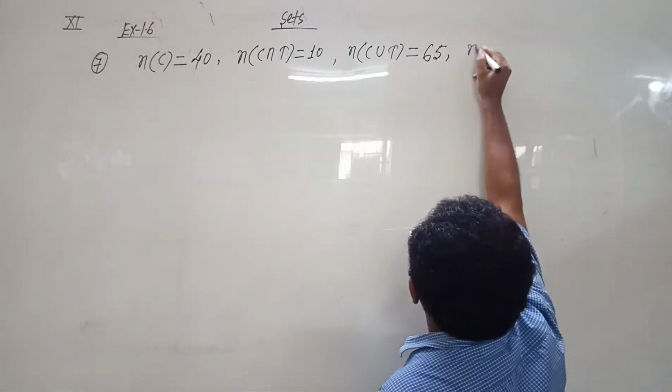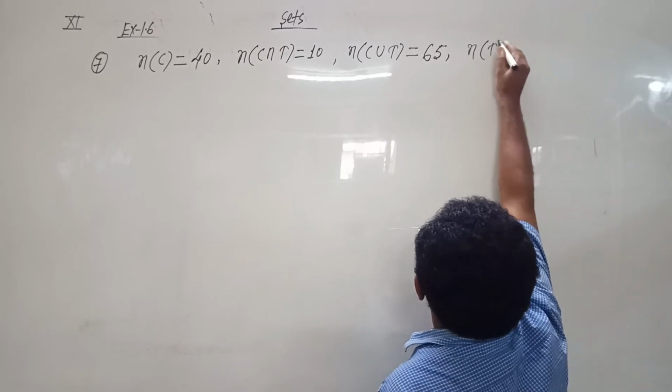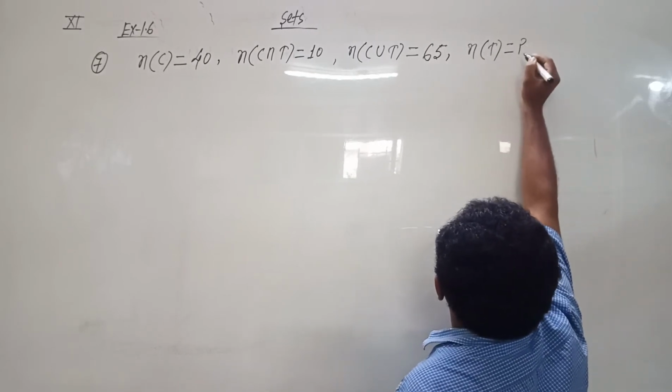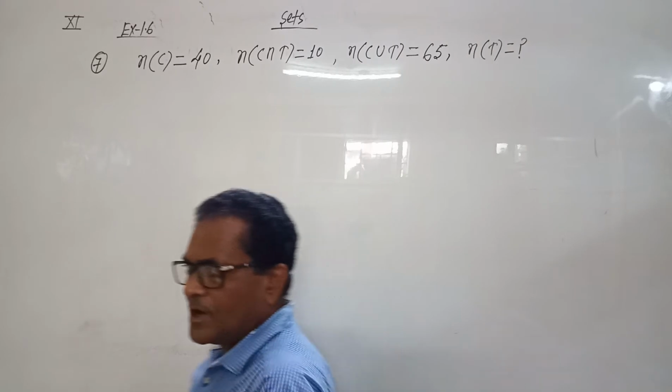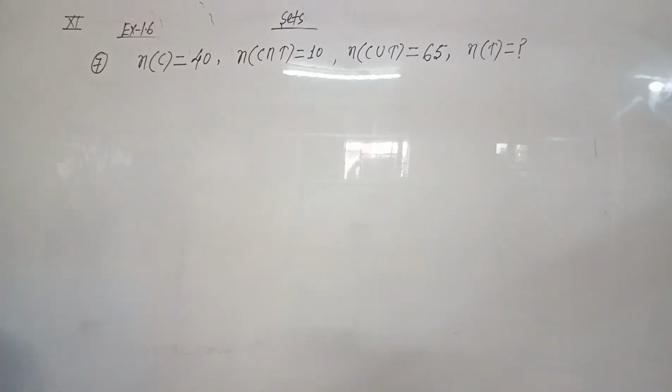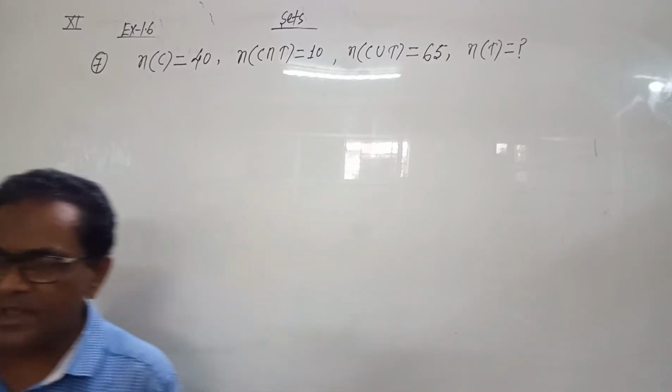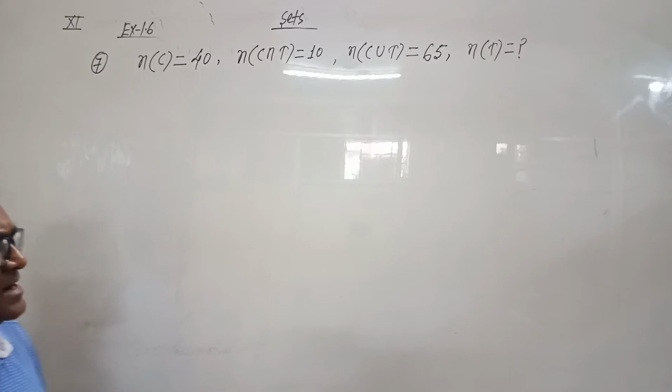So firstly we will find the number of people who like tennis, and then we have to find the number of people who like tennis only, not cricket. That is the second thing we have to calculate. So we calculate first the number of people who like tennis.